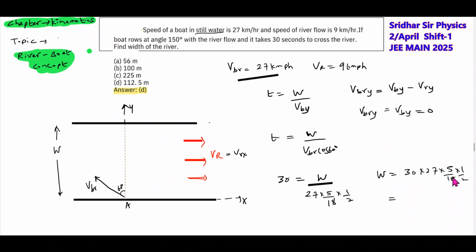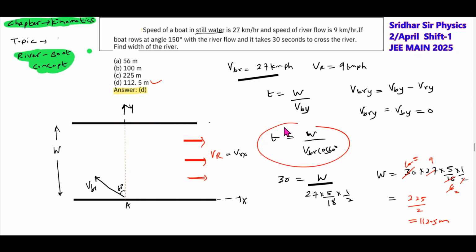Now the calculations: this will be 10, 6, then further this will be 2, 9, 2 1s, 2 5s. So this will be 225 by 2, 112.5 meters.